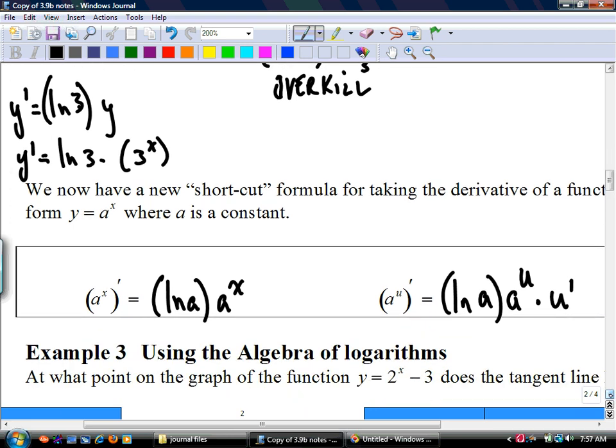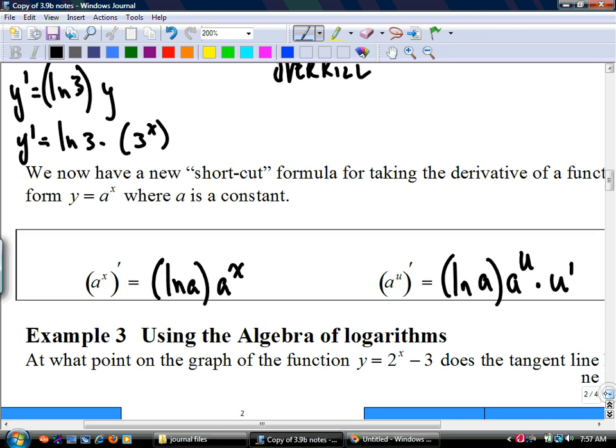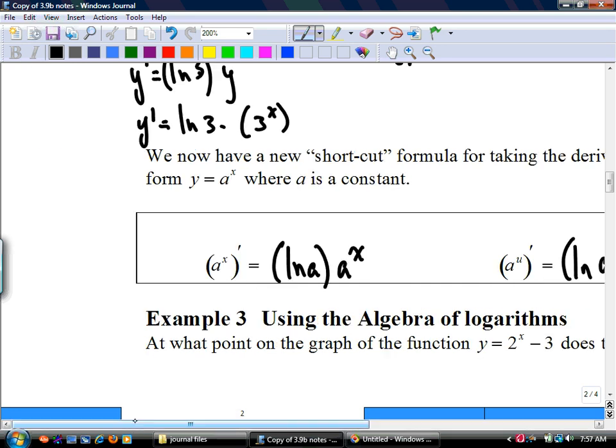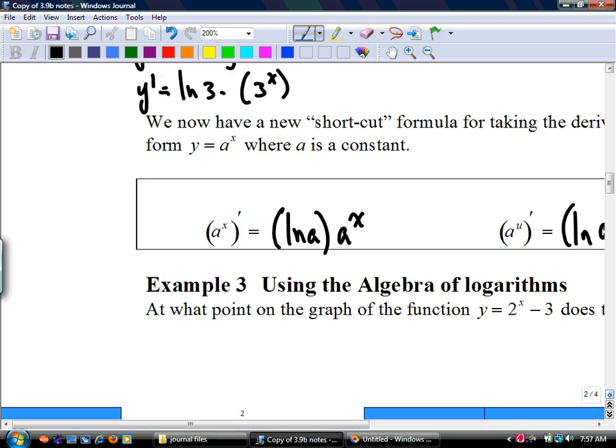So using the algebra of logarithms, at what point does the graph of a function, does the tangent line have a slope of 21? So we're looking for x comma y here. Does the function have a slope of 21? So slope means derivative.